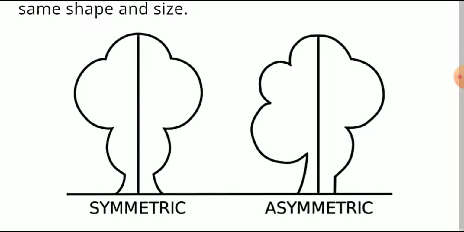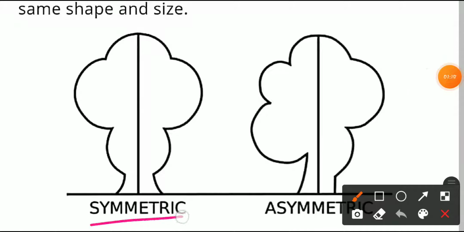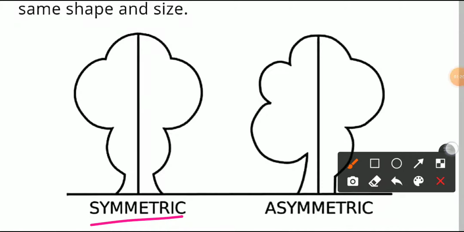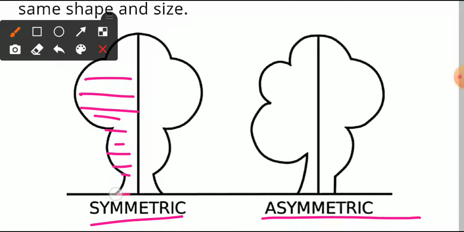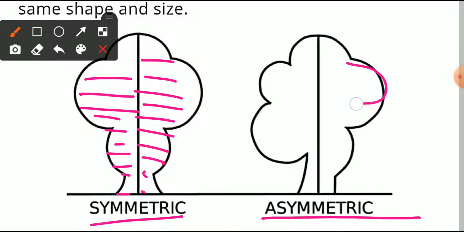Here you can see that in this picture, the first picture shows a symmetric figure and the second one is showing an asymmetric figure, which is not symmetrical. In the symmetrical one you can see that the whole part is exactly similar to the other, but here we can see the difference, that's why it is not symmetrical.